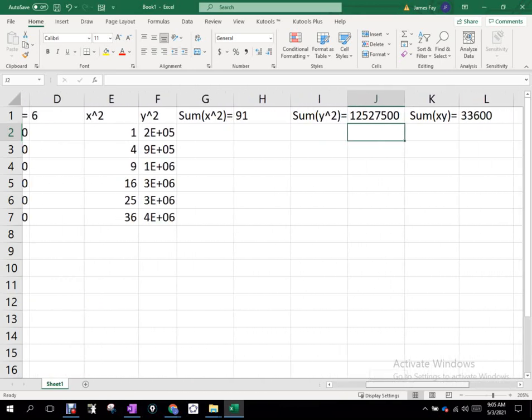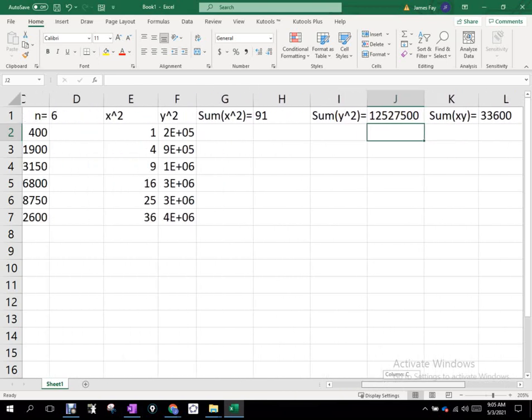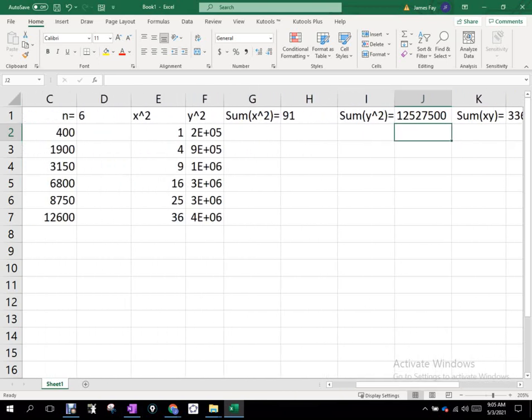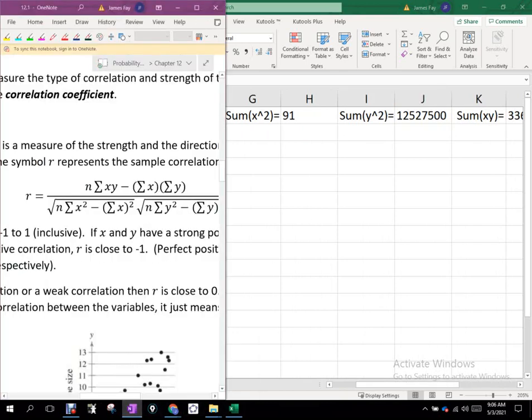We could have put all of these things in maybe column I straight down. So I have like sum of x squared, sum of y squared, sum of xy, sum of x and sum of y, all in a column here. Maybe it'd look a little bit cleaner. Maybe we do that when we're done. But those components are built.